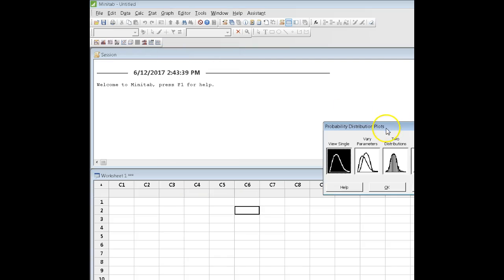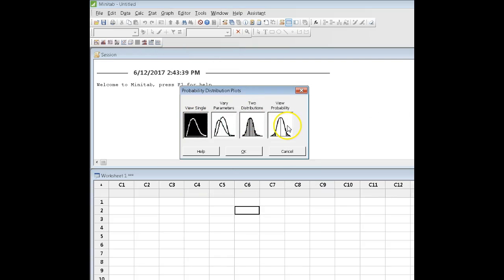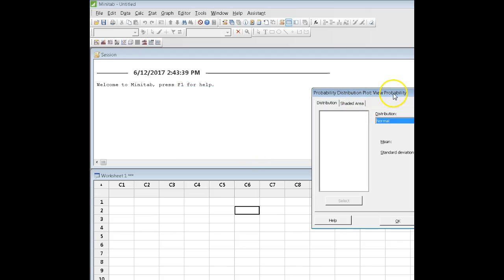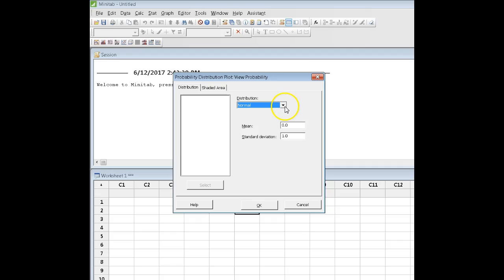Okay, let's click this. We want to view the probability. Click OK. First of all, you have the choice of choosing your distribution. In this course, we're only going to look at the normal, and that's the default.